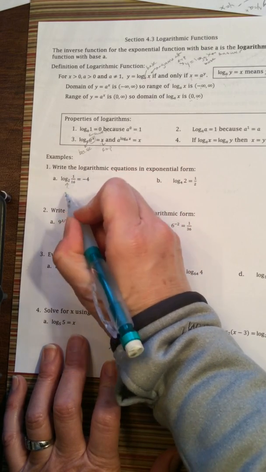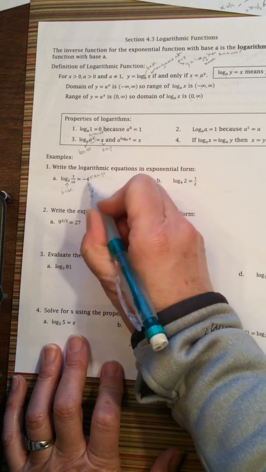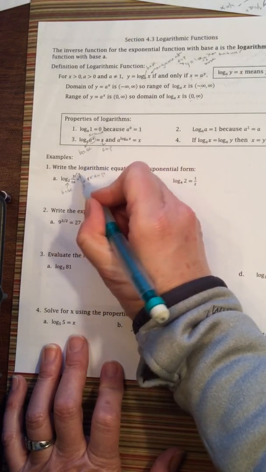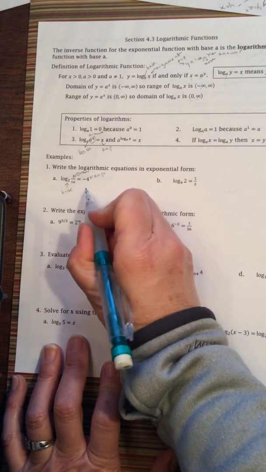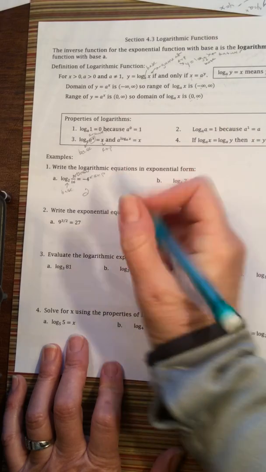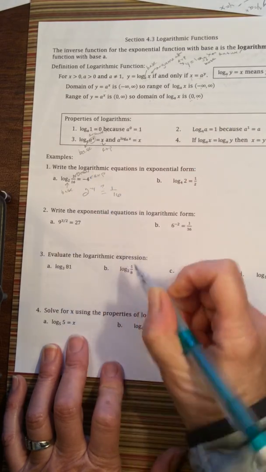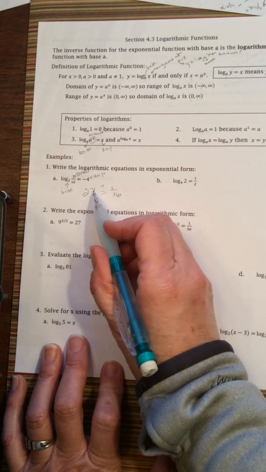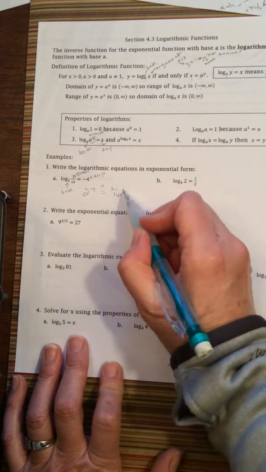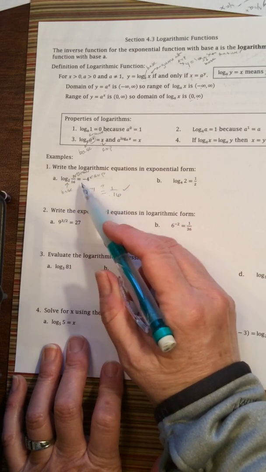So the base 2 to the exponent -4 should equal the answer, which is 1/16. So does 2 raised to the -4 equal 1/16? If it does, then this log statement was true. And 2 to the -4 is 1/16. So the exponential form is showing that that log statement is true.